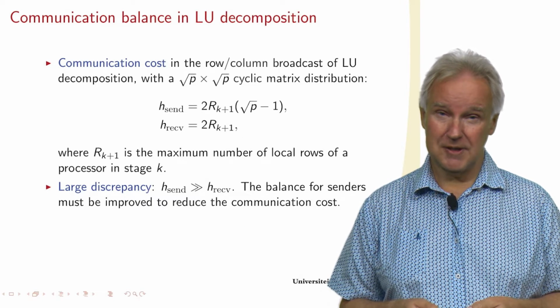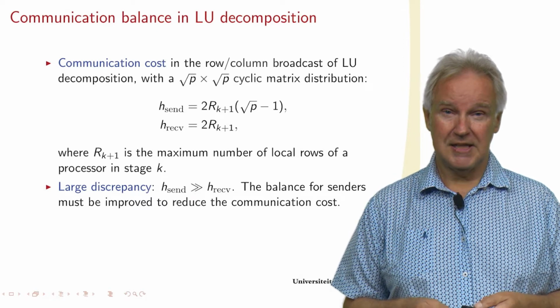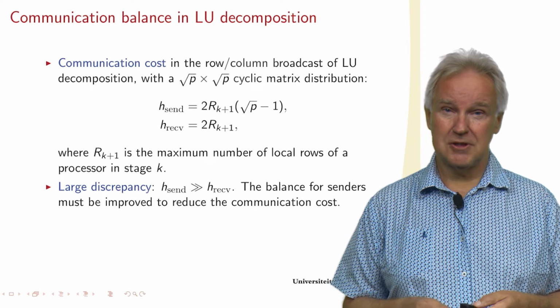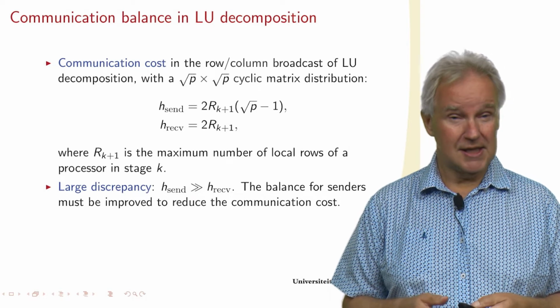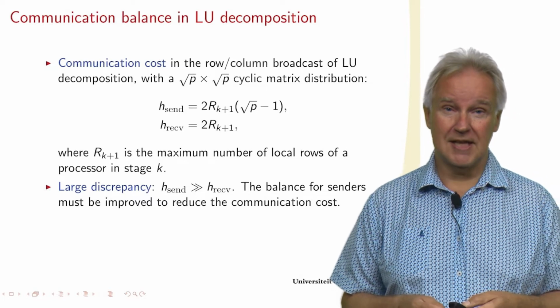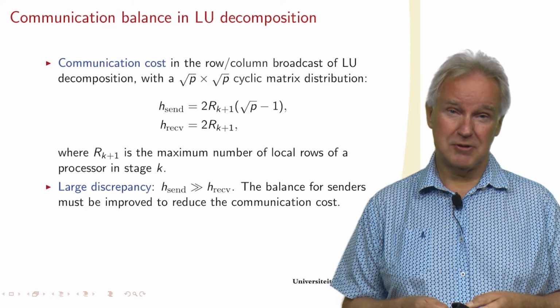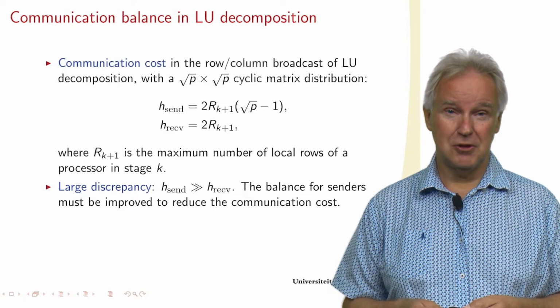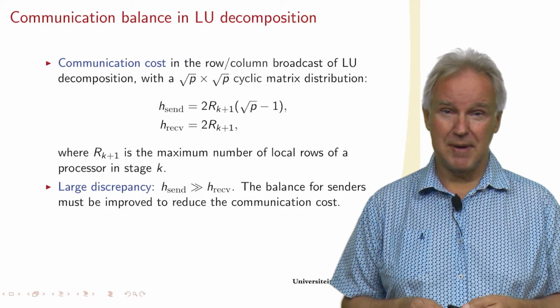Now let's look at what happens inside LU decomposition. H sent is 2 times RK plus 1 times square root P minus 1 in case we have a square cyclic distribution. But what processors receive is just 2 times RK plus 1. We do have an imbalance here.